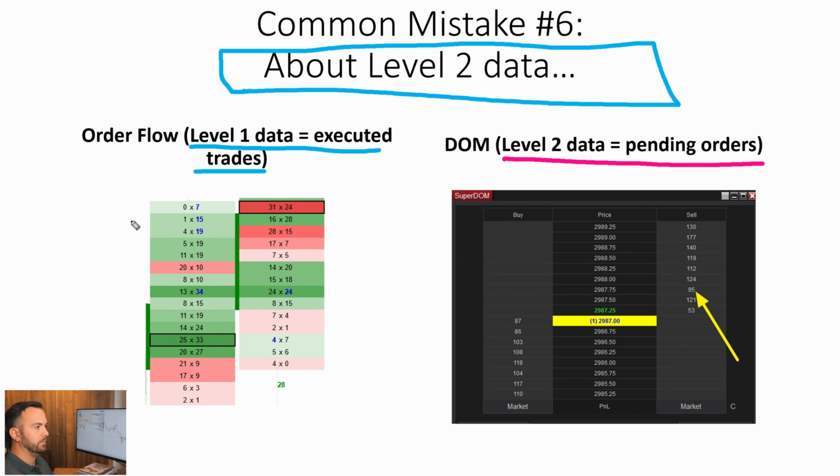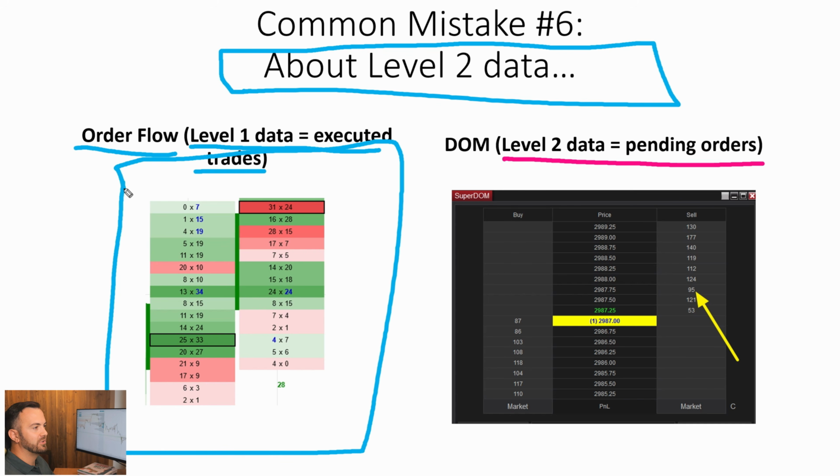So order flow shows you executed trades that somebody actually executed, that actually went to the exchange, that were actual trades, right? Somebody was trading with their intent to buy or sell and they executed that trade. That's what level 1 data shows. That's what order flow shows.